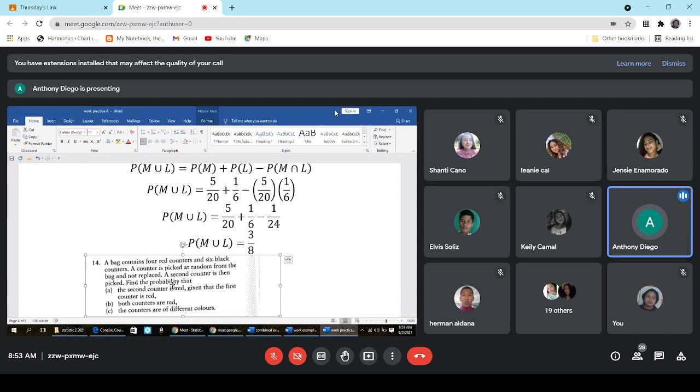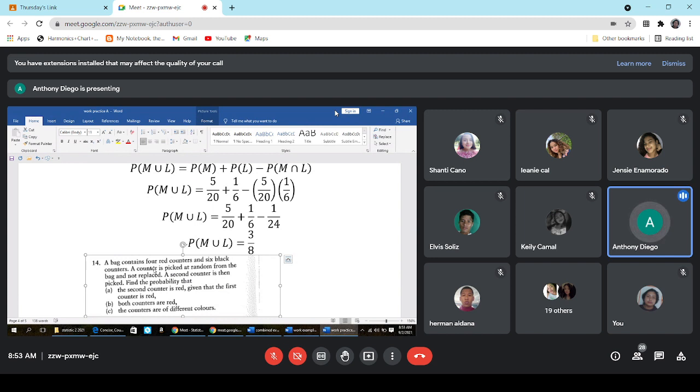But the one thing that I was thinking is that it said here, the selection is not replaced. Yes, sir. That's the thing that you need to bear in mind. Because if it's not replaced, it means that the possibility space will be decreasing as we go along.